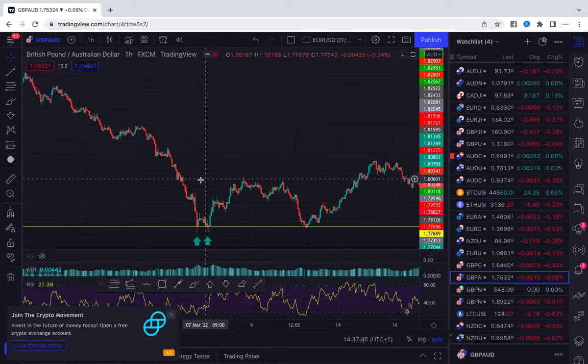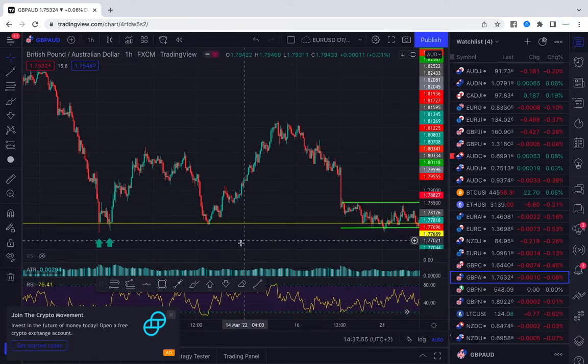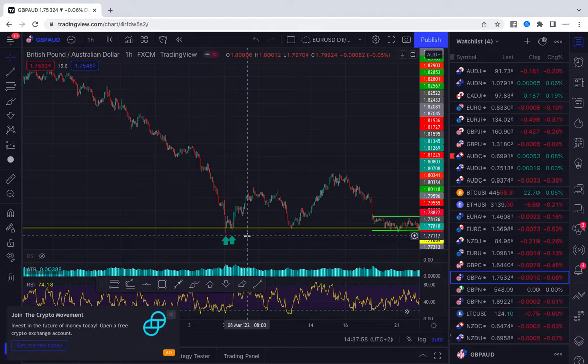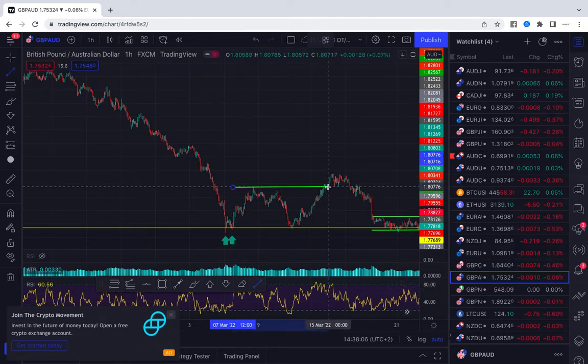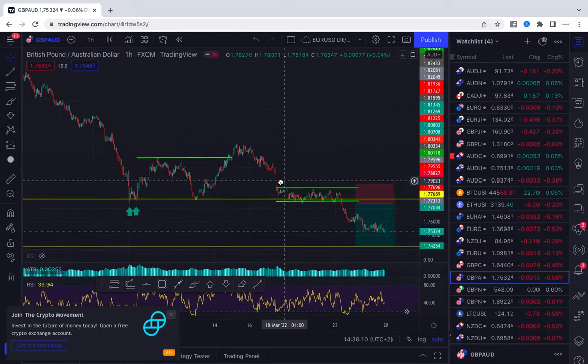This is an area people would get involved and buy, and the market retraced, came back again, and gave us a triple bottom, which is an even better signal for bullish momentum. Then we broke to the upside, breaking and closing above the previous level of structure. That's an even bigger momentum signal.